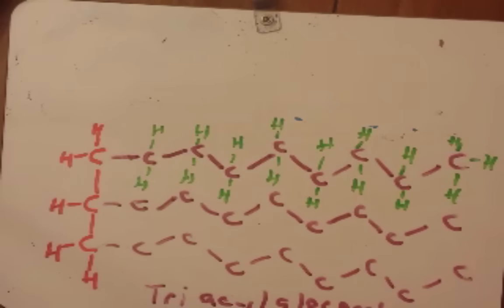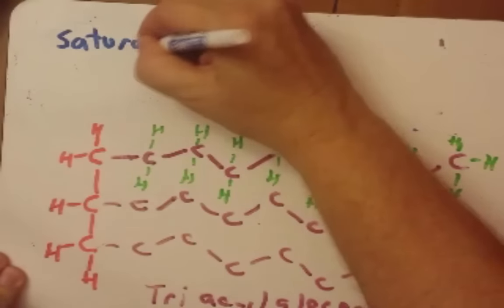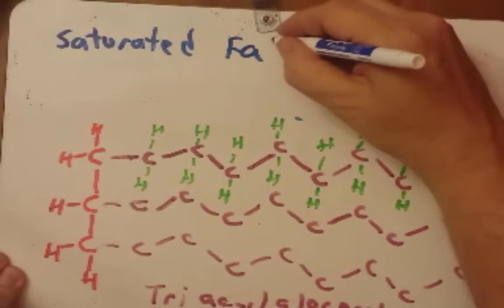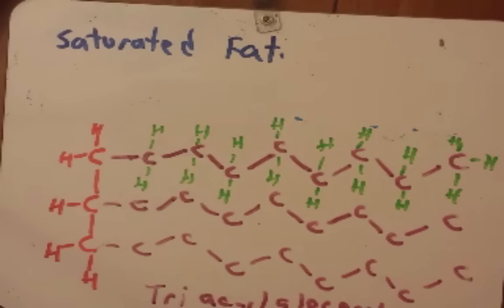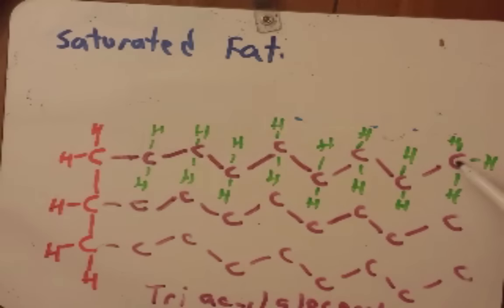As I have this written now, and assuming I have hydrogens off of all of these carbons here, we would call this a saturated fatty acid, or we could call it saturated fat. And we say it's saturated because each of these carbons contains all the hydrogens it possibly can.